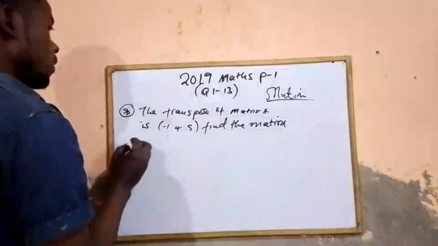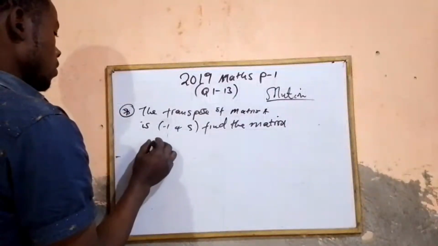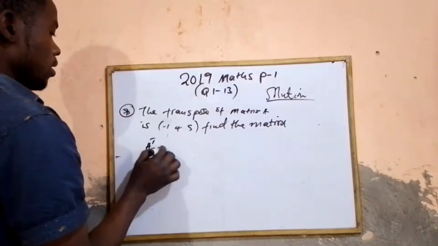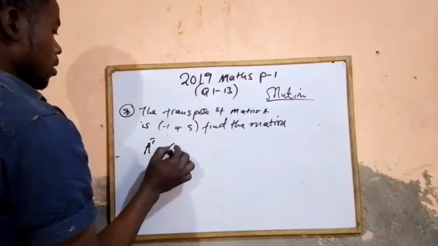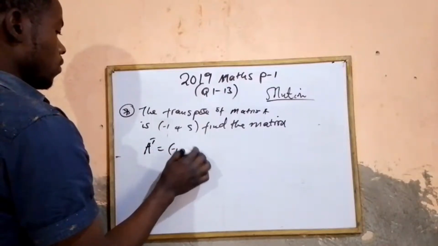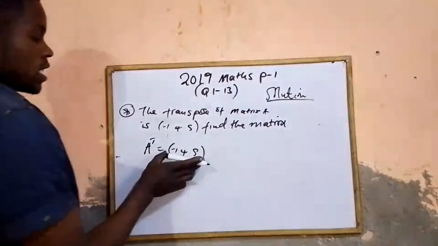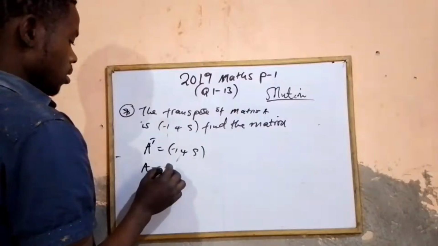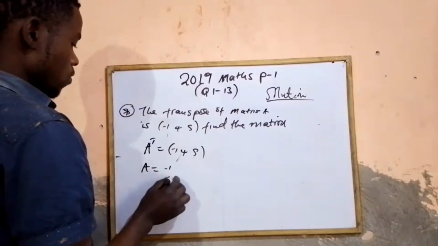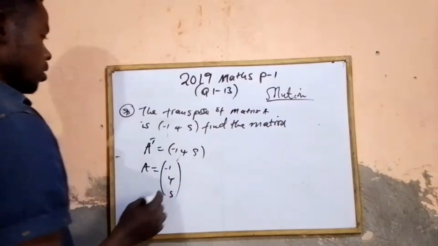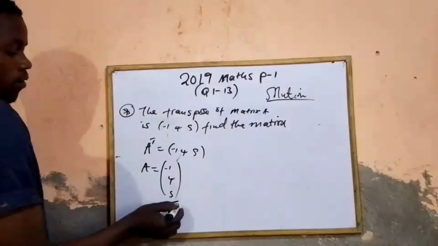Remember that A transpose is (-1, 4, 5). So to reverse this matrix, A equals (-1, 4, 5). This is the matrix they are asking for.